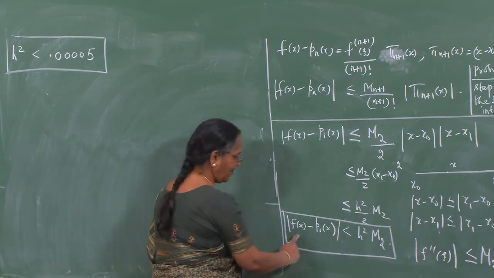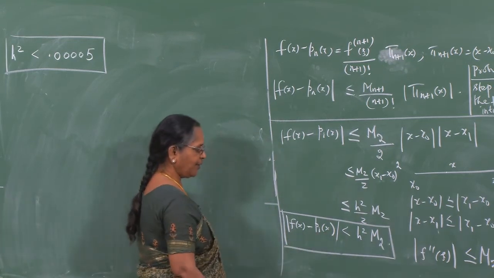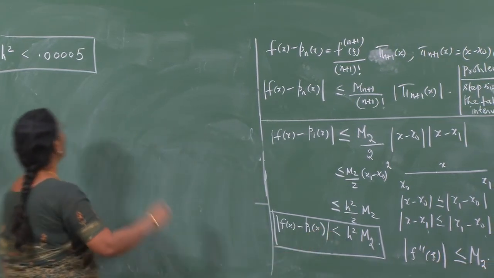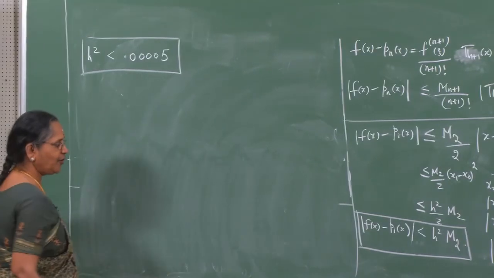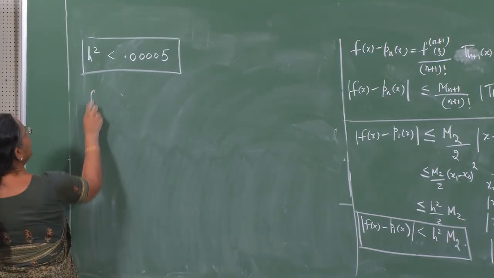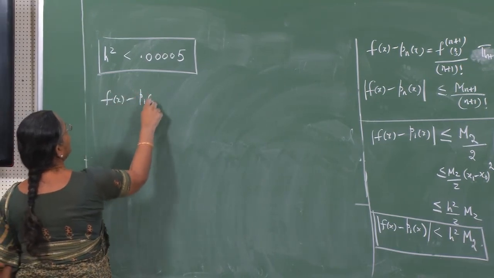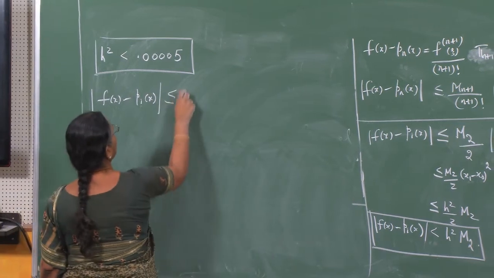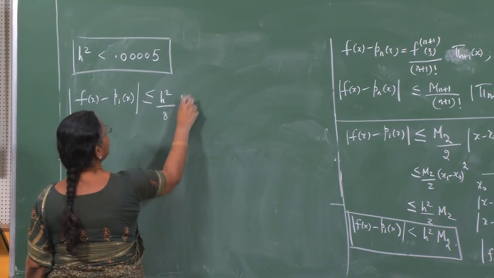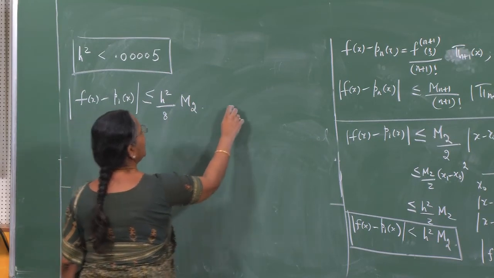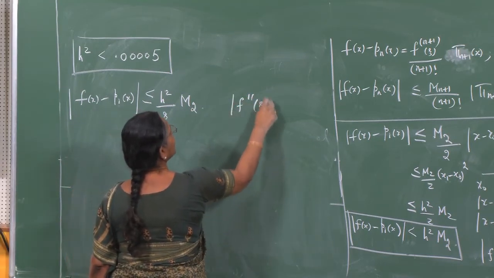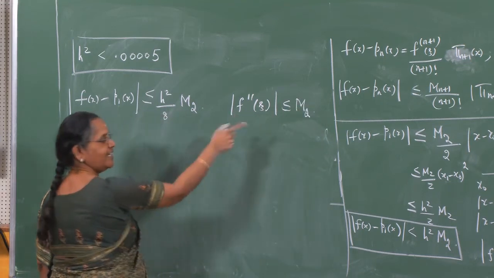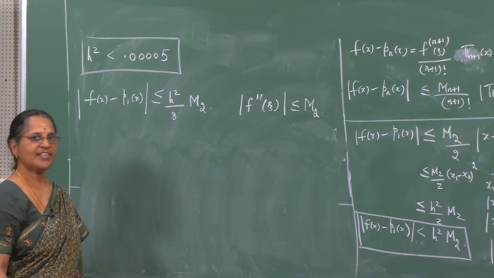When you approximate f of x by a linear interpolating polynomial, we have obtained the error bound as this. In fact, one can show the following result, namely f of x minus p1 of x in absolute value is less than or equal to h square by 8 into m2, where modulus of f double dash of psi is less than or equal to m2, where psi is in the interval of interest.